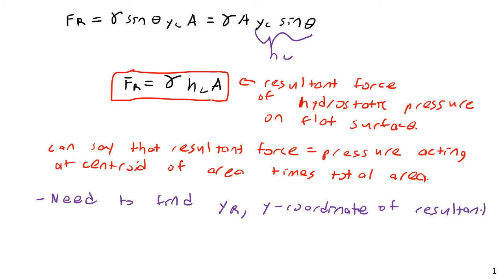I need to find where along the y-axis the center of pressure, or the resultant of pressure, will be acting. And the way we're going to do this is simply using balance of moments. We're going to sum moments around the x-axis, and the moment of the resultant must equal the moment of the distributed force. As long as we believe in statics, as long as we still fear the ghost of Newton, this should be possible.